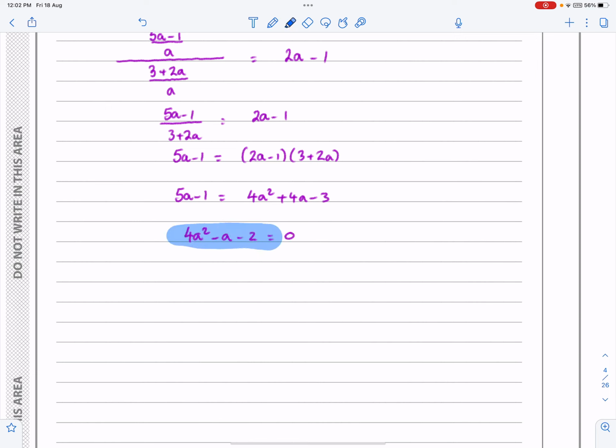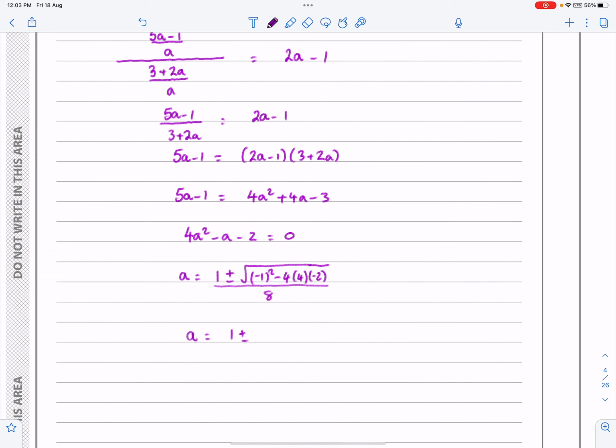And at this stage here, always check and see whether this factorises. It would not surprise me when we're going through these to see if we got some clever factorisation. We don't in this case, but it's always worth just checking it out. If you're then going to stick it into the quadratic formula, I only put one line down. So I'd put a equals minus b, so that's 1, plus or minus the square root of b squared, so that's minus 1 squared, minus 4 lots of minus 2 all over 2a, so all over 8, and then I'll pretty much go to whatever the answer is.